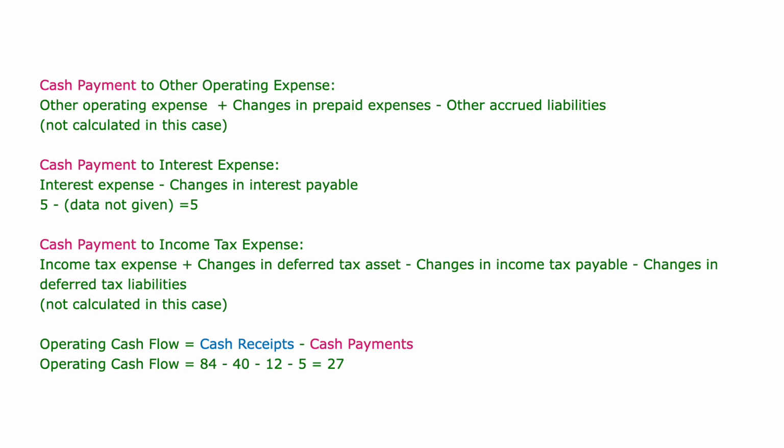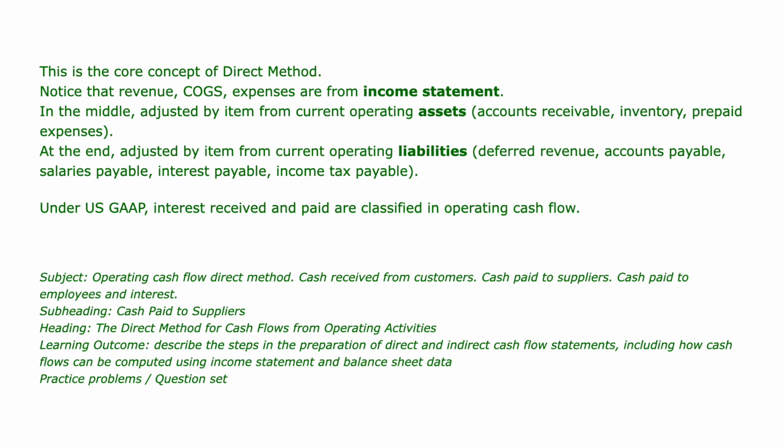Cash payments for operating expenses, interest, and income tax are calculated using specific formulas. Direct method core concept: revenue, COGS, and expenses from the income statement are adjusted by changes in current operating assets and liabilities.